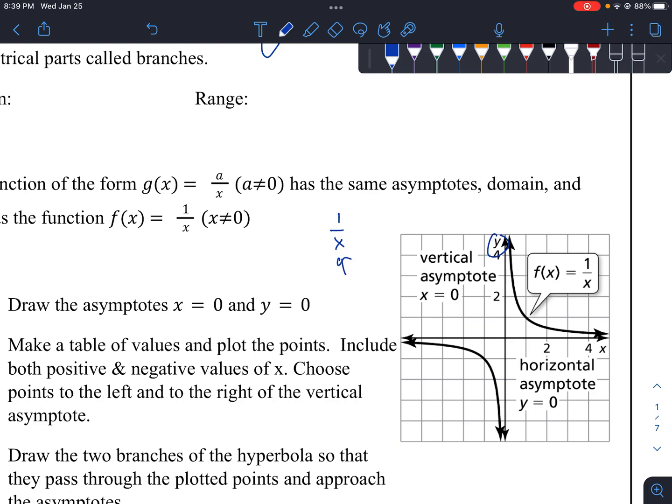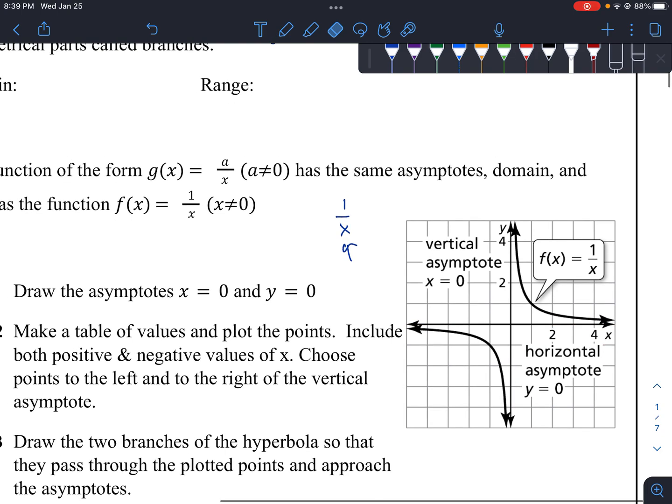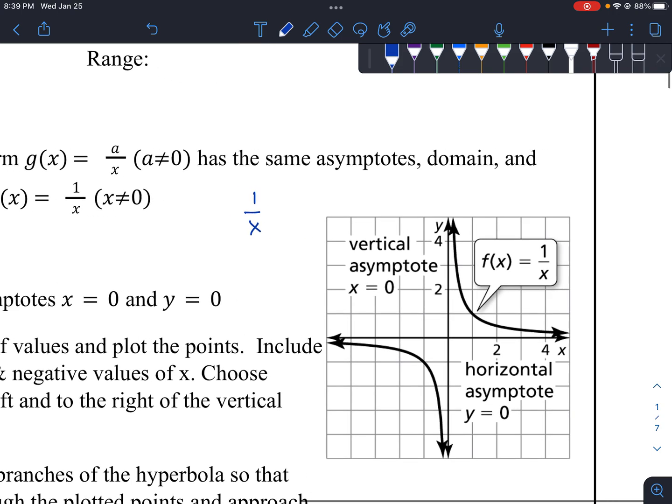Because x cannot be 0, let's look at the y value. Why is there a horizontal asymptote at y equals 0? If y is equal to 1 over x, let's experiment with what we plug into x.